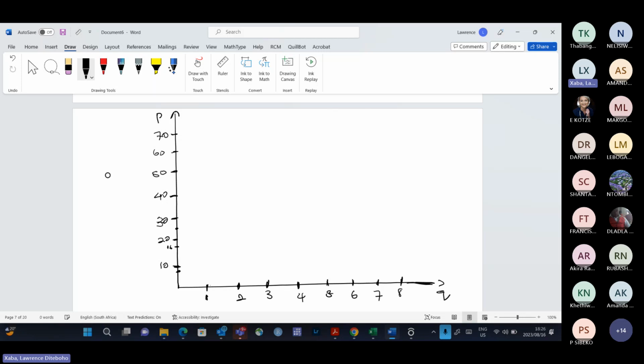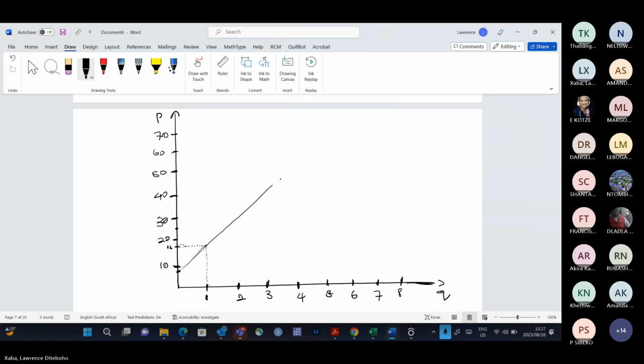16. So we'll have our broken line there that shows our equilibrium point. This is here, so the graph goes this way.